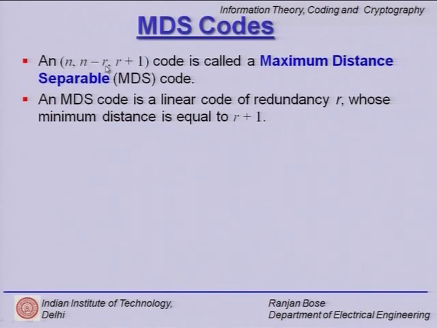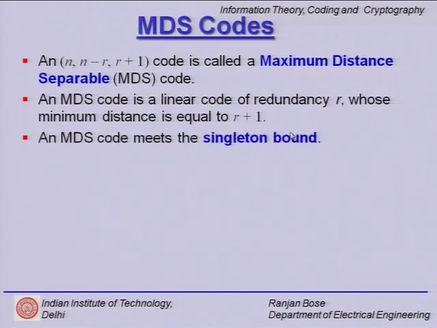K is equal to n minus r, because the redundancy is r, we are adding r bits to k to make it n, but whose minimum distance is equal to r plus 1. So, by adding r redundancies, you get a minimum distance r plus 1. Such a code is the MDS code. You can easily see that MDS codes meet the Singleton bound by substituting this.